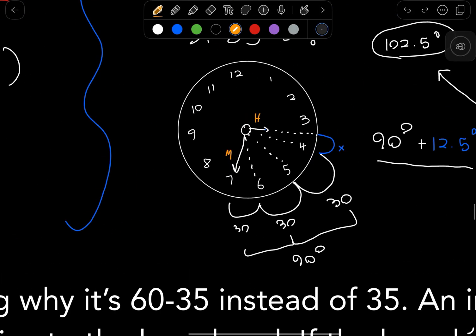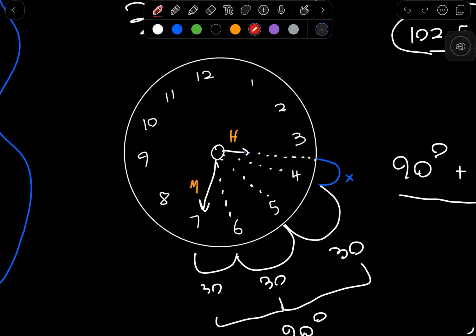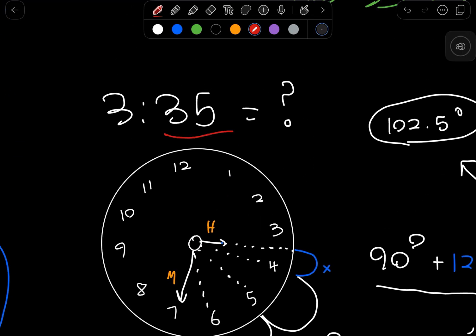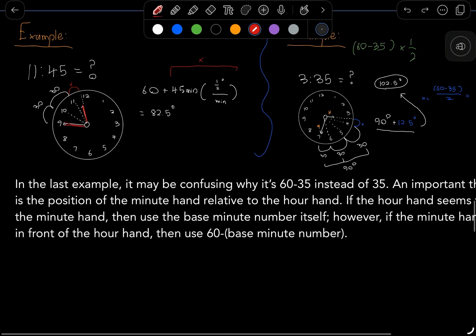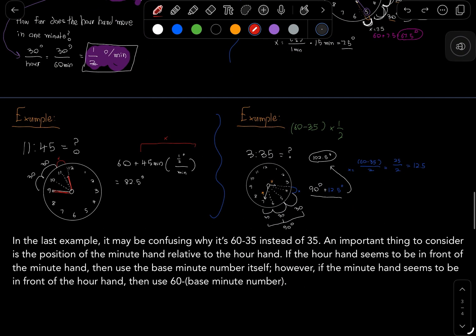Now in this scenario, the minute hand is in front of the hour hand. So instead of using the base number 35 itself, you would do 60 minus 35 and then divide that by 2. Once you understand that distinction, this becomes much easier.